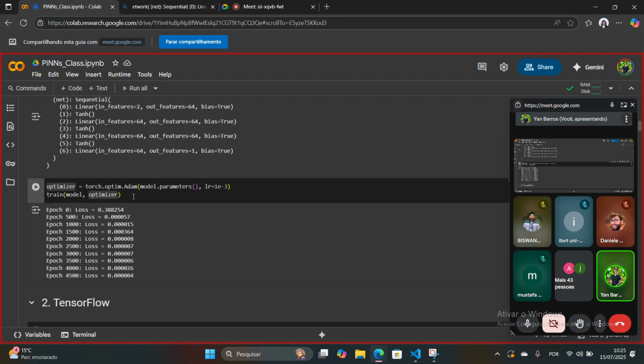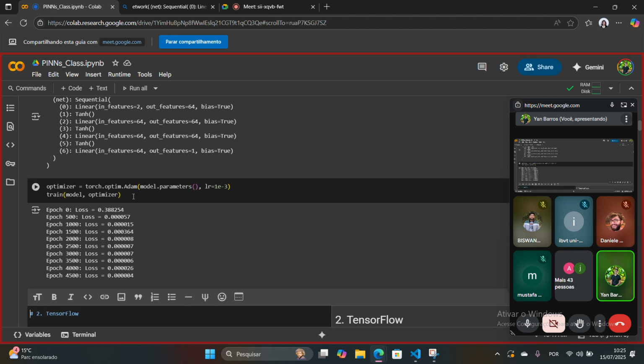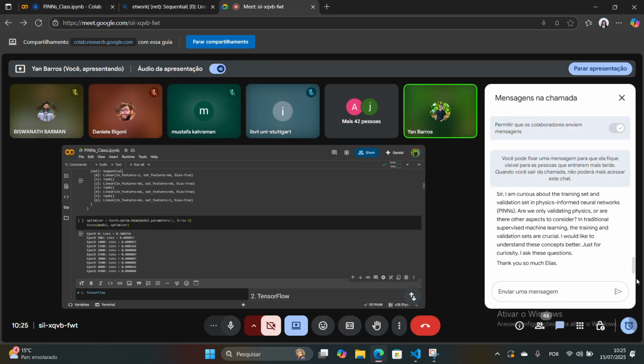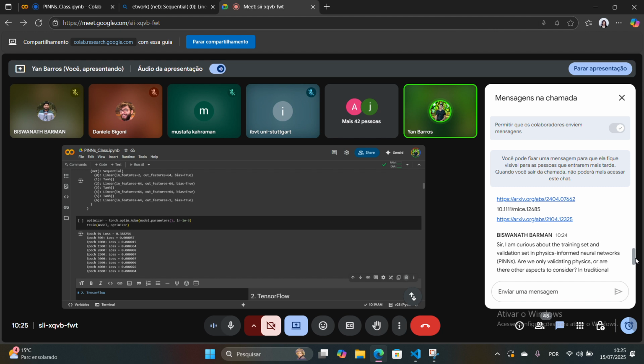The convergence is not as smooth as in a usual neural network, and this is probably because of the architecture. This is probably again one field that we need to study more. How can we improve the architectures of physics-informed neural networks to reach convergence and reduce the training time? So I will read the comments again.